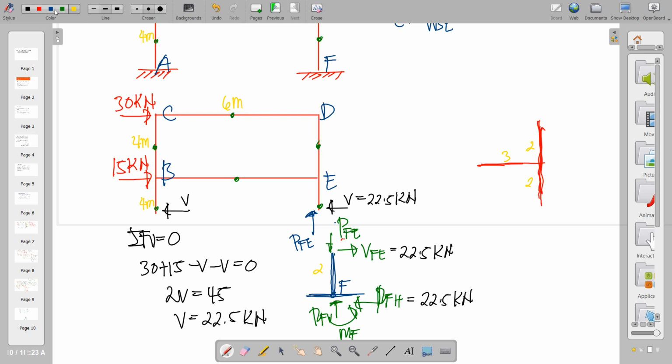So on that, you can label this as 22.5. This is PFE.